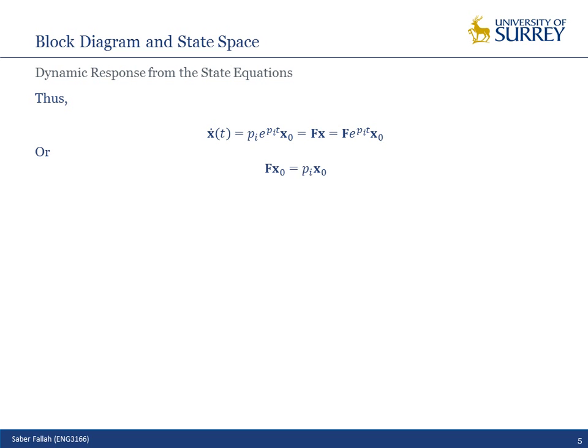So, F x naught is equal to pi x naught. E to the power pi t will cancel out. You will have F x naught equal to pi x naught. Correct? Is that clear to everyone?